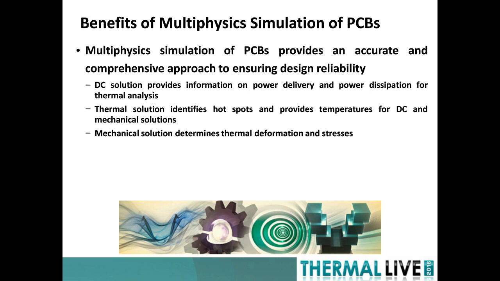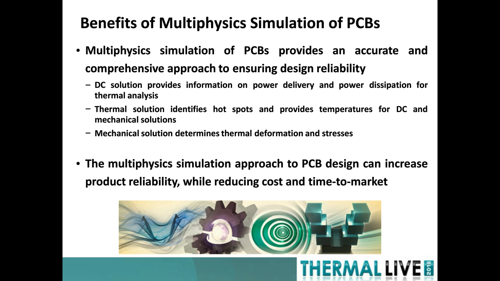The thermal solution identifies hotspots and provides temperatures for both the DC and mechanical solutions. And finally, the mechanical solution determines thermal deformation and stresses. The multiphysics simulation approach to printed circuit board design can increase product reliability while reducing cost and time to market.